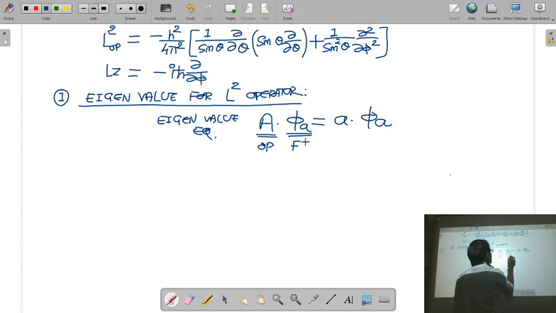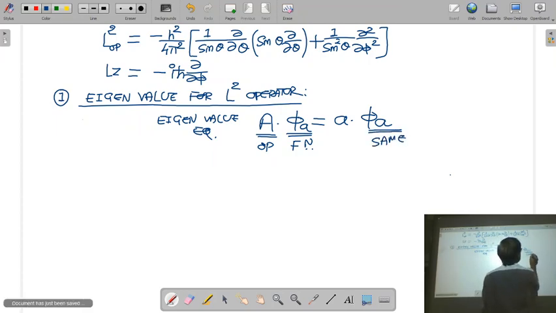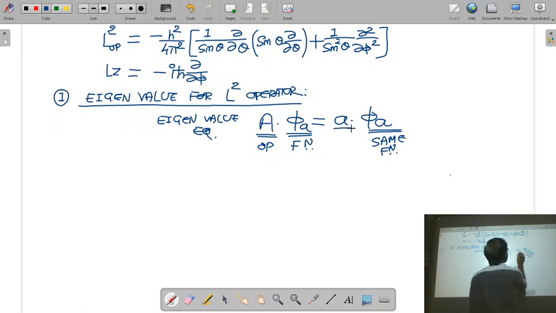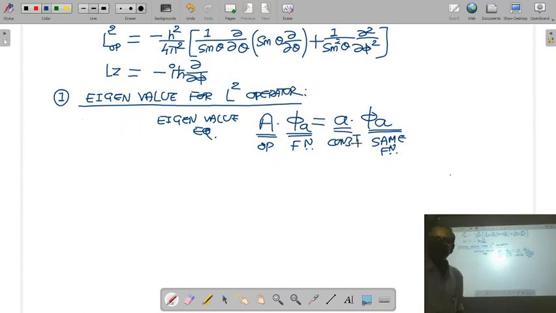It operates on the function phi a. When operator A operates on the function phi a, the same function phi a is reproduced multiplied by some constant.